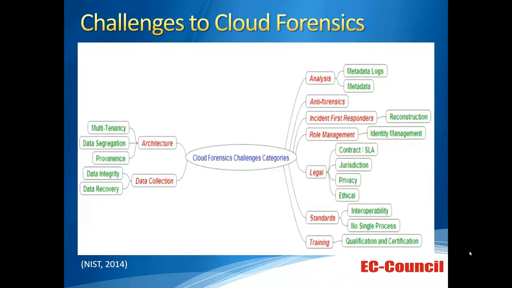Standards, the challenge there relates to the operating procedures, testing, validation, and then lastly, training, specifically training of forensic investigators that has the necessary qualifications and certifications.